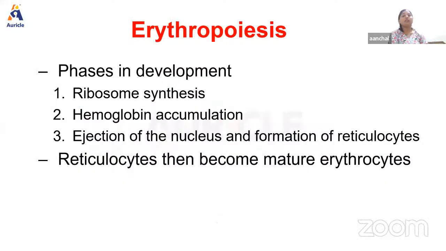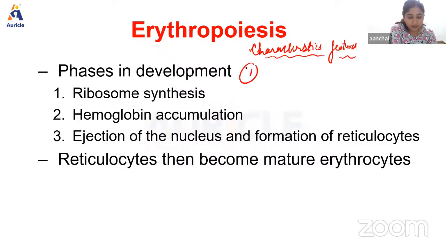Now we're going to discuss the characteristic features of erythropoiesis. First, there is a reduction in cell size.